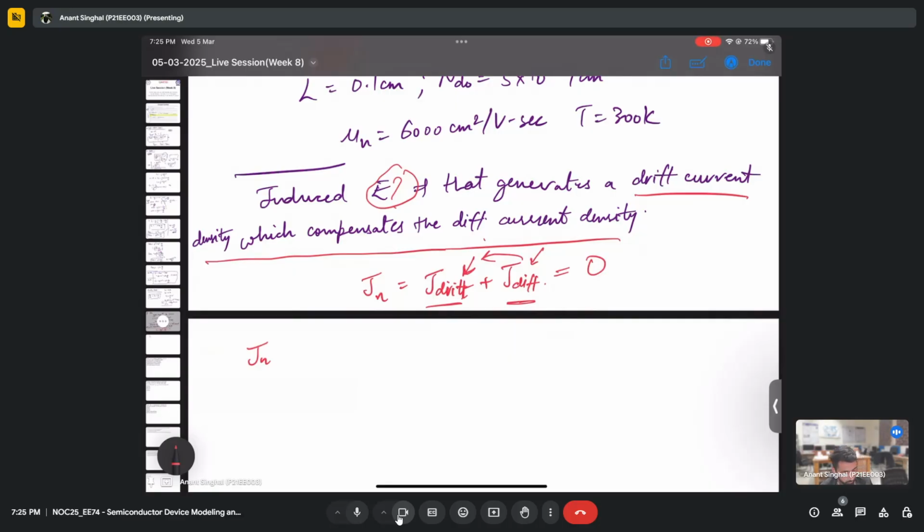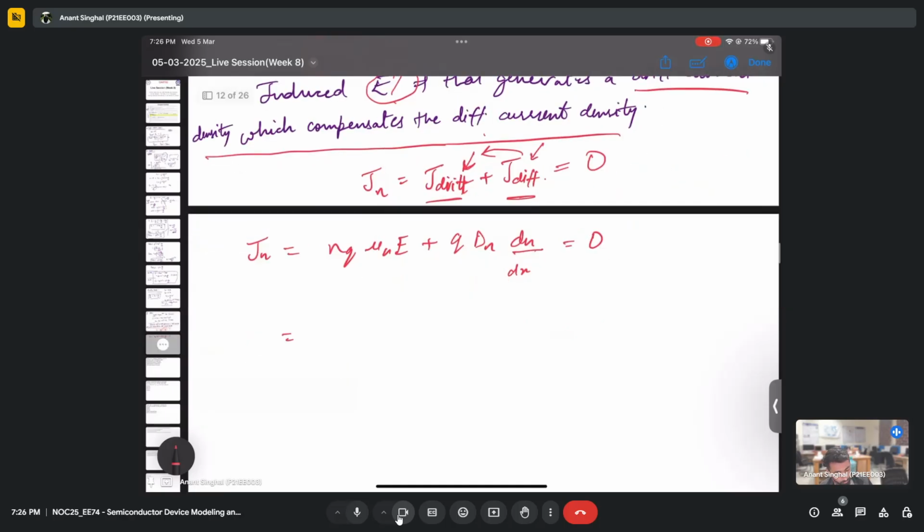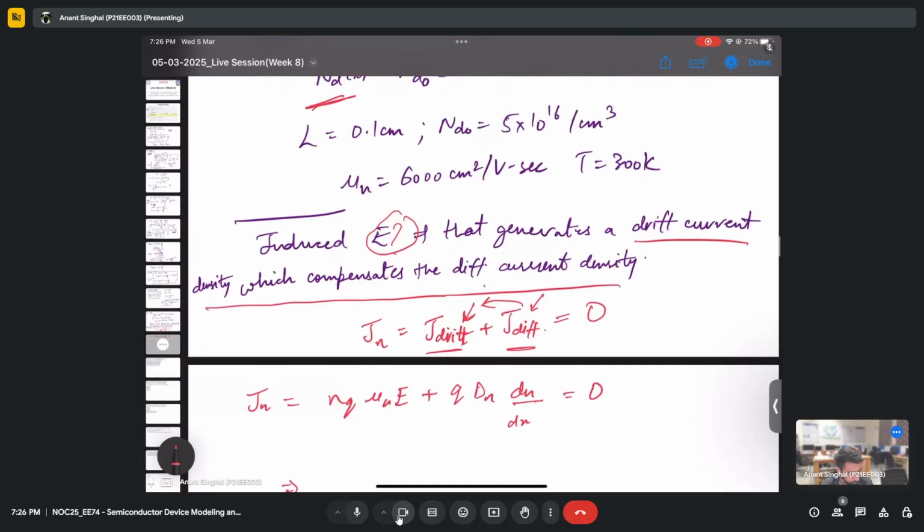So we have J drift, that is n q mu n E, plus J diffusion, that is q Dn dn over dx, and this is nothing but zero. We have n given as ND, which is a function of x.